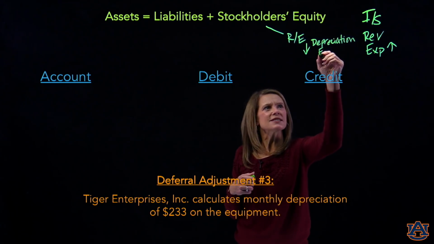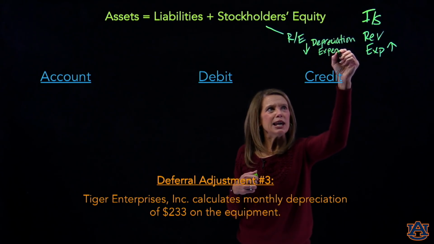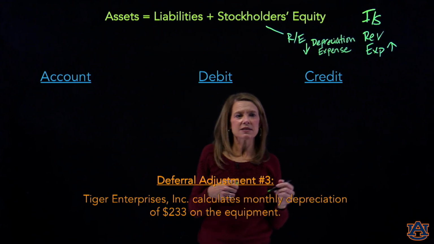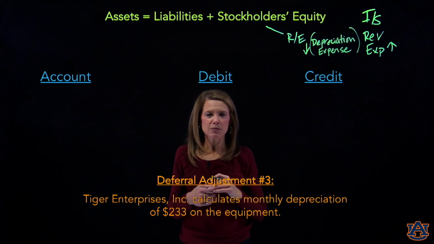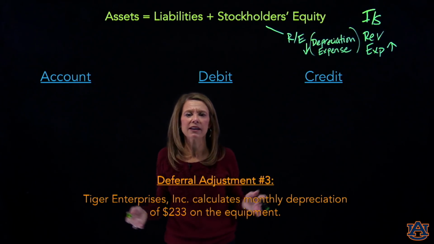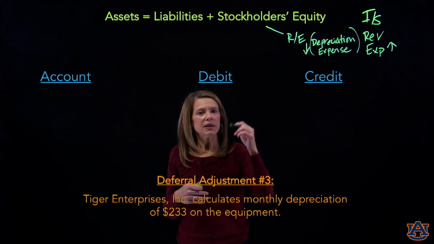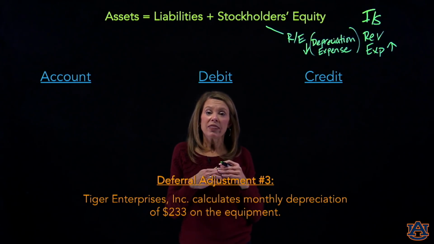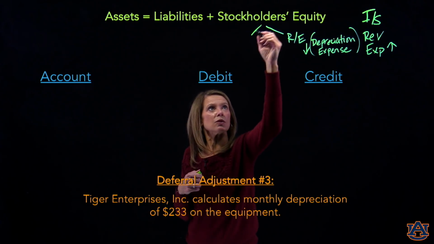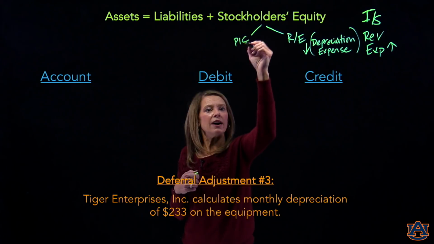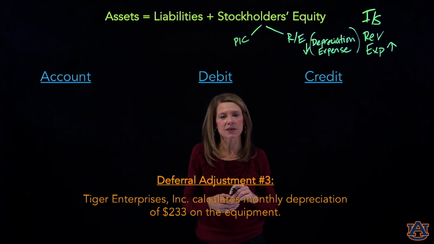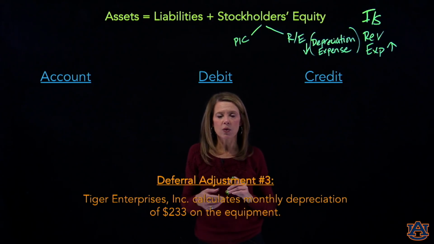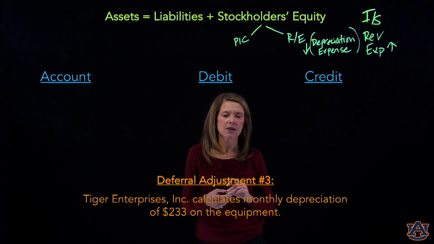We like to be specific and name the types of expenses that we have so that we can track those expenses. We wouldn't want to put all of our expenses in one big category that's just expense, because then we wouldn't know what the makeup of those expenses were, and we want to know more about the things that we use up. So we'll use depreciation expense specifically to record this $233.